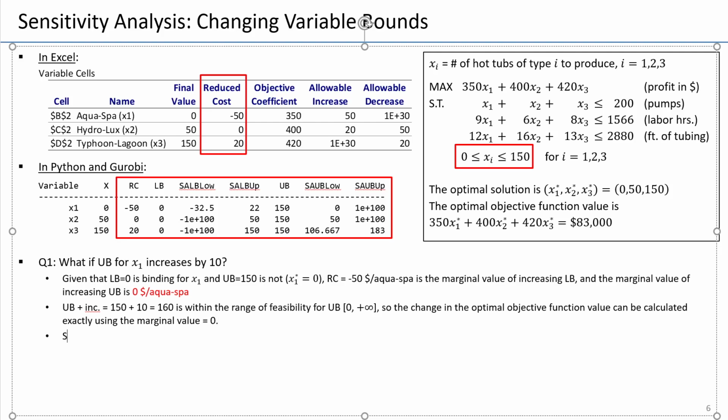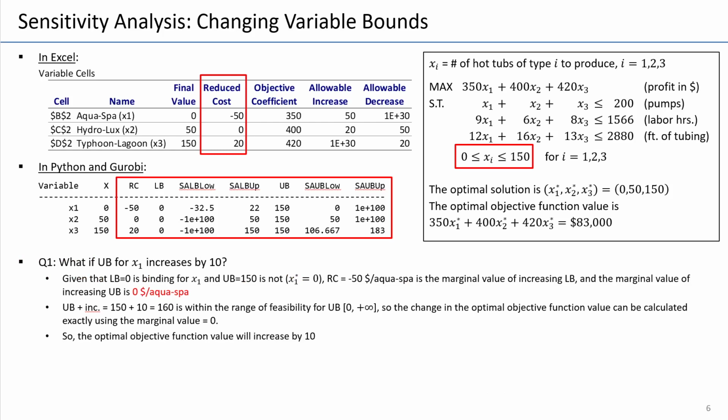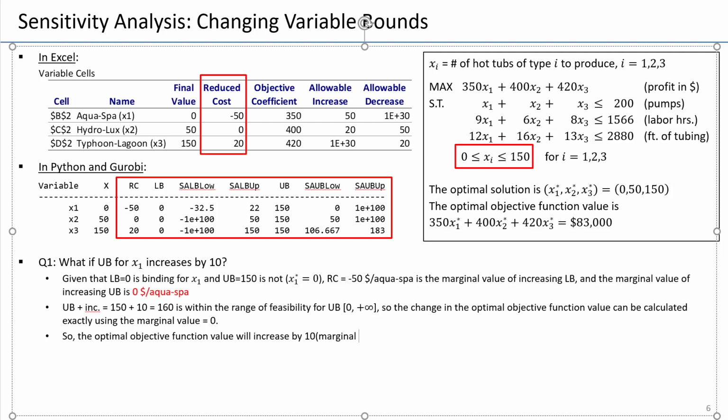So the optimal objective function value will increase by 10, right? This 10, the increase, this 10 that I increased the upper bound times the marginal value. But since the marginal value is 0, that will be 10 times 0, so it will increase by 0, right?